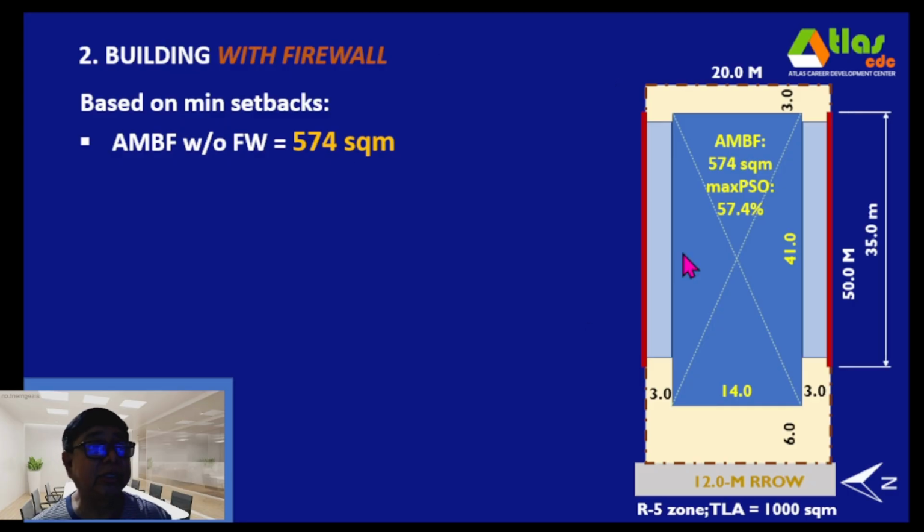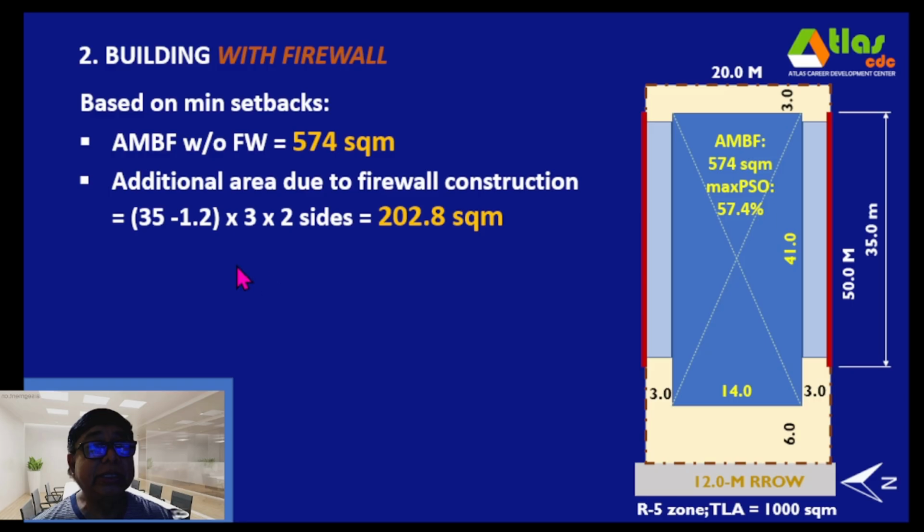So sa firewall natin, kung 35 meters yan, ibawas natin yung extension na 0.6 para makuha yung dimension dito. So that will give you 35 meters minus 0.6 or 0.6, or a total of 1.2 deduction. And then we multiply it by this width, the minimum setback of 3 meters, and we have two sides.